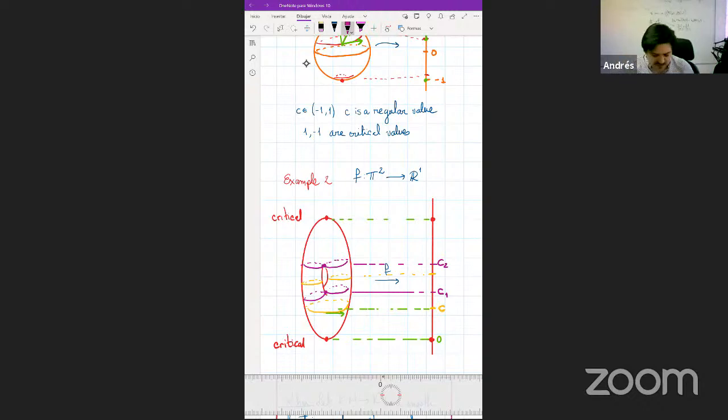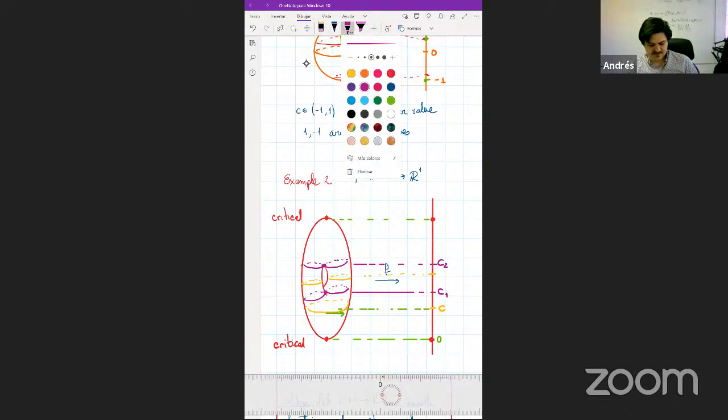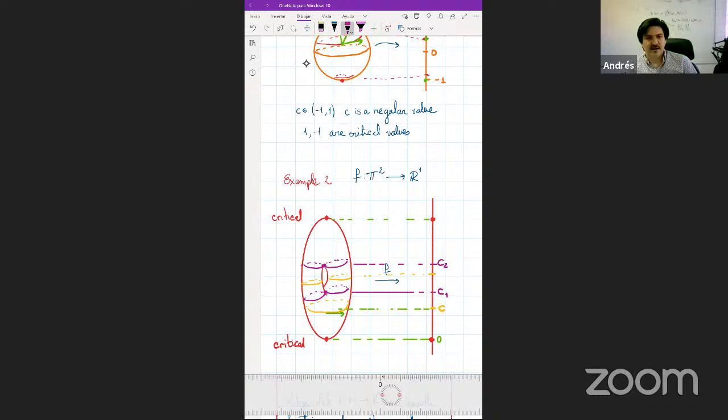Okay, now what is happening there is that all of the points in these two circles, except the point in common, are exactly regular points.